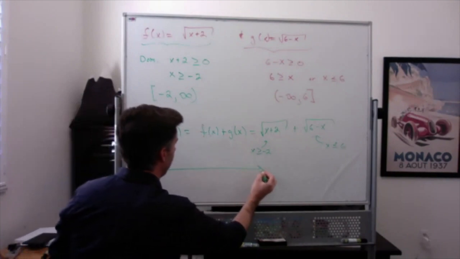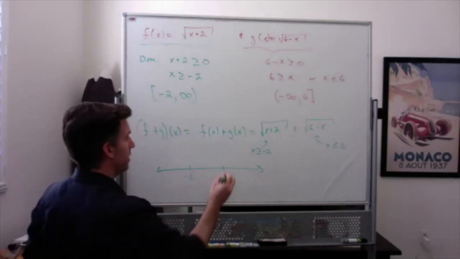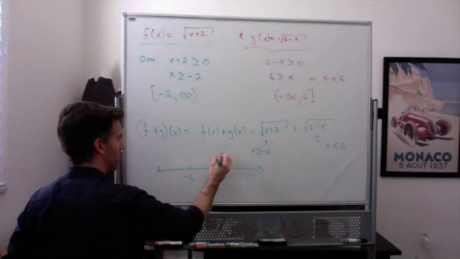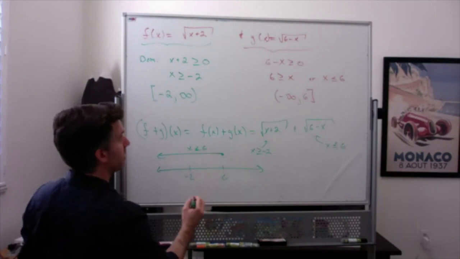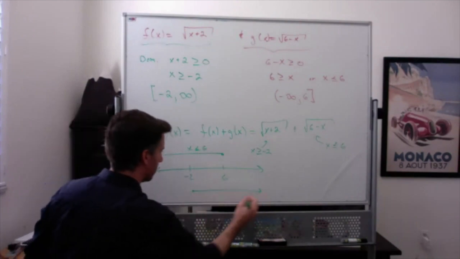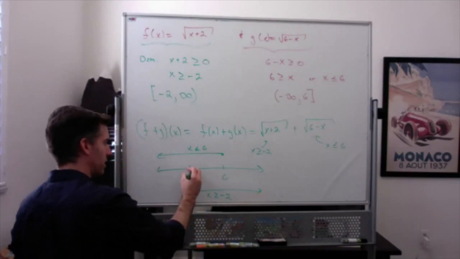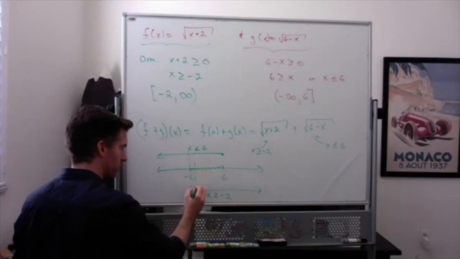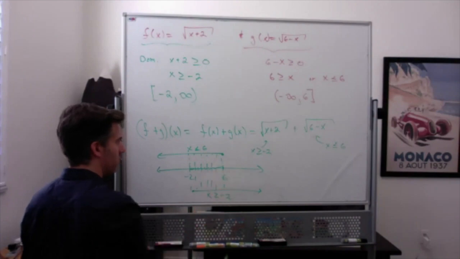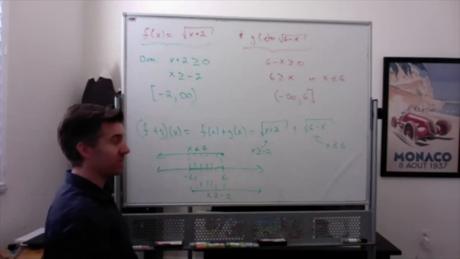we really have to have the overlaps. So here is everything less than or equal to 6. And here is everything bigger than or equal to -2. And so then in the middle, this is where those two domains overlap, or more mathematically correct, intersect.